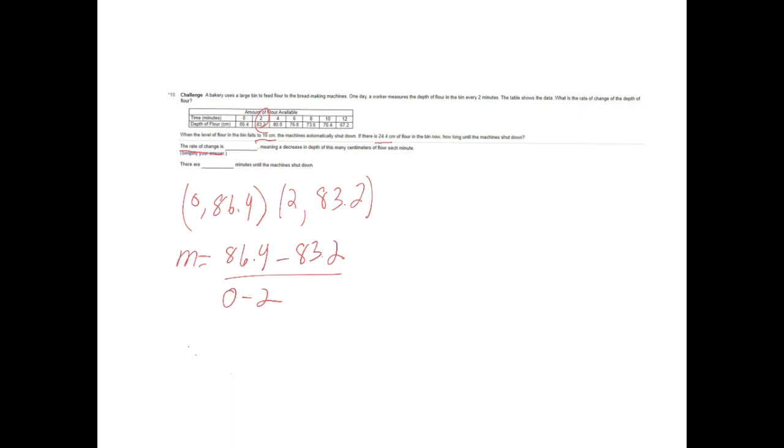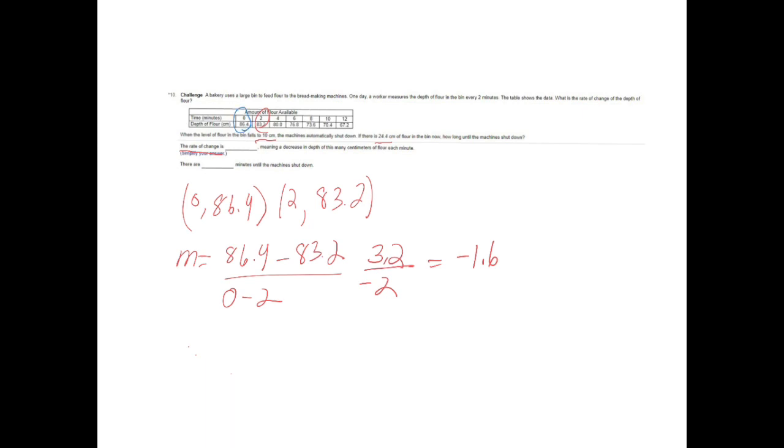So when I take 86.4 and subtract out 83.2, that is going to give me 3.2 divided by negative 2, which is going to give me a negative 1.6.